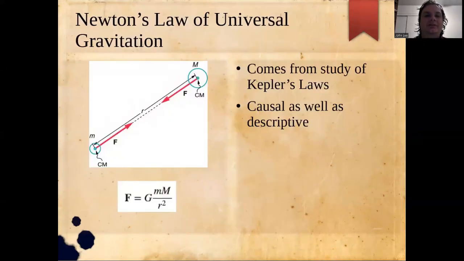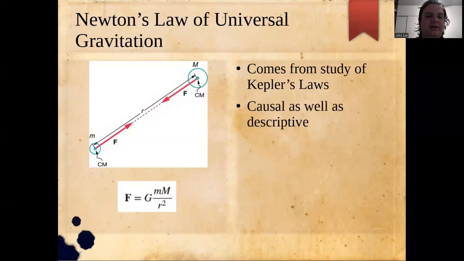This brings us to Newton's law of universal gravitation, which comes from a study of Kepler's laws, but is more useful because it is causal as well as descriptive, meaning that it makes predictions about what should happen when you have two objects around each other and applying gravity, instead of just describing what does happen when you look at the orbits of existing objects.